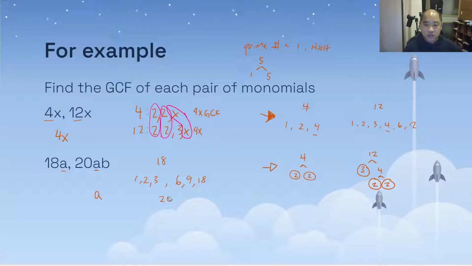Okay, and then 20, 1 and 20, 2 and 10, 4 and 5, and again, we're done. Right, so the biggest common factor here is 2. 3 is not common, 5, 6, 9, 10, 18, 20, those are all not common. So 2a, that's the factor.